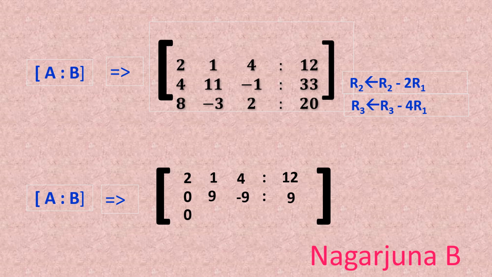Minus 3 minus 4 will be equal to minus 7. Then next, the third element of R3 is 2 and the third element of R1 is 4. So 2 minus 4 into 4. 4 into 4 is 16. Since it is a minus, it will be minus 16. 2 minus 16 will be equal to minus 14. Colon. The fourth element of R3 is 20, whereas the fourth element of R1 is 12. So we can write 20 minus 4 into 12.